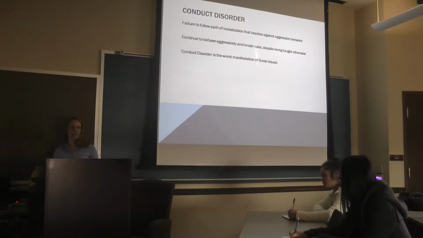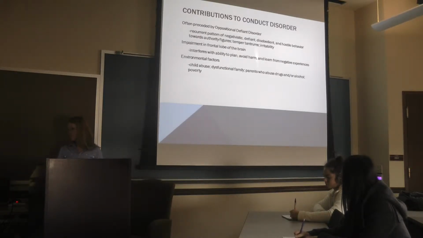A lot of kids will be aggressive when they're growing up, but parents and teachers teach them to act differently. But with conduct disorder, they fail to meet these socializations. They continue to behave aggressively and break rules despite being taught otherwise. It's the worst manifestation of these types of issues. There are other varying degrees of disorders that have similar symptoms, but it's the worst of these.